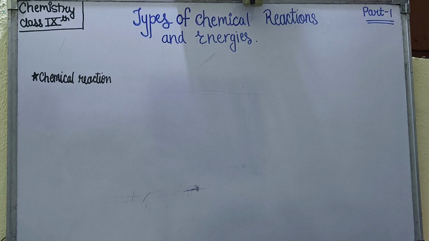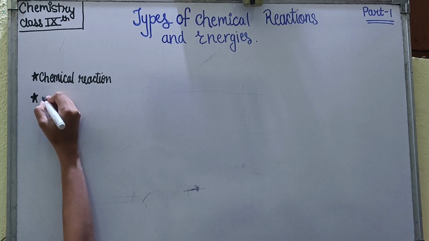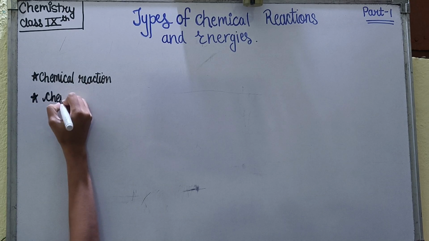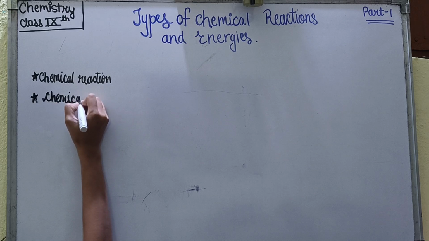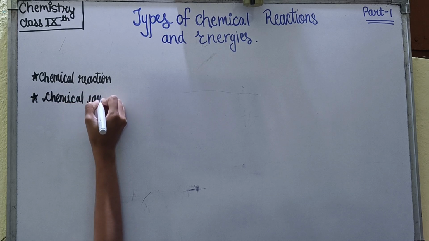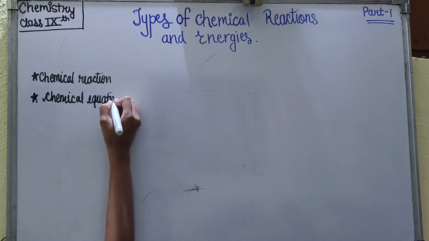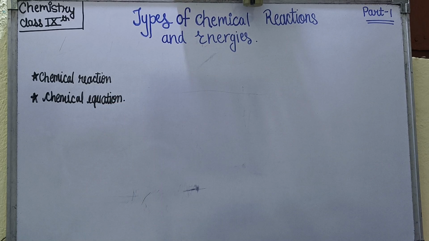Now, chemical equation. The short form representation of a chemical reaction by using symbols and formulae is called a chemical equation.